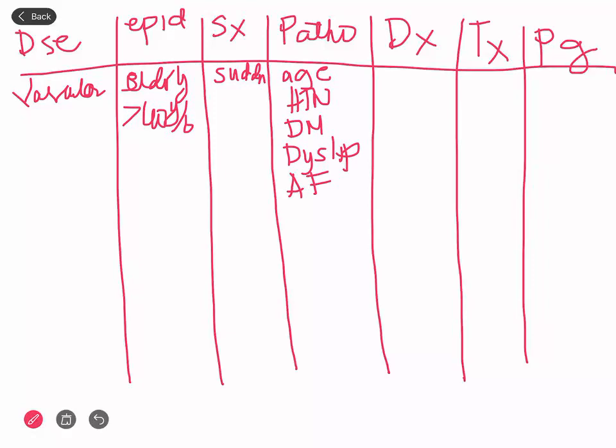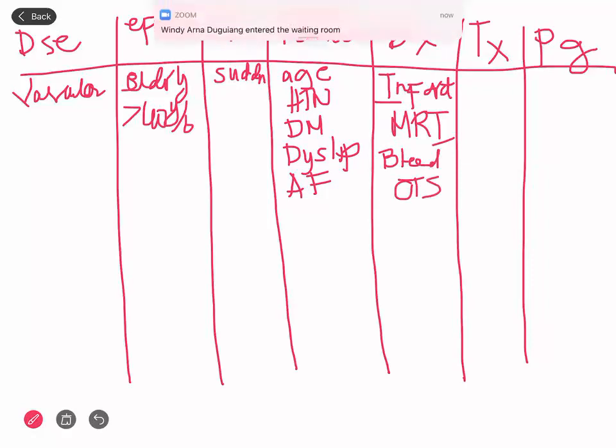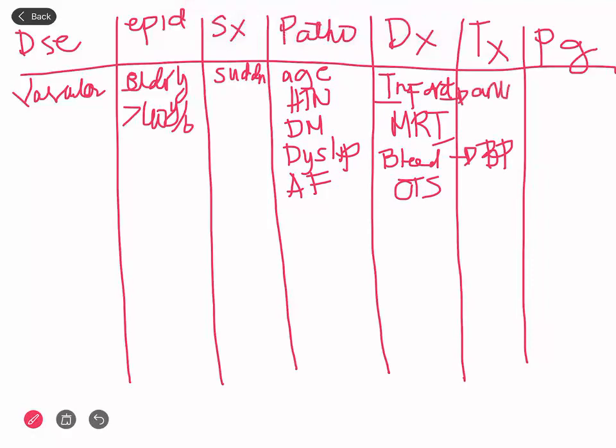Diagnostics will be dependent. If we are talking about infarct, MRI or CT scan? If infarct, MRI. If bleed, of course, CT scan. So always remember that. Therapeutics, of course, will be dependent. If it's a bleed, you control the BP. If it's an infarct, you can give antiplatelet or anticoagulant. Prognosis depends on how severe the stroke is. So that is for your vascular.